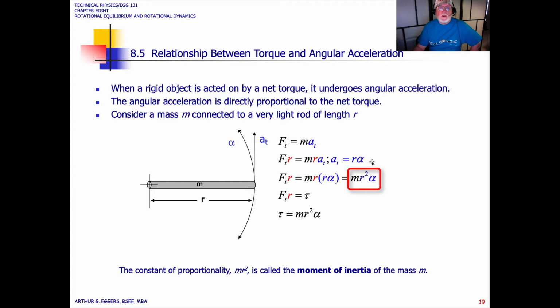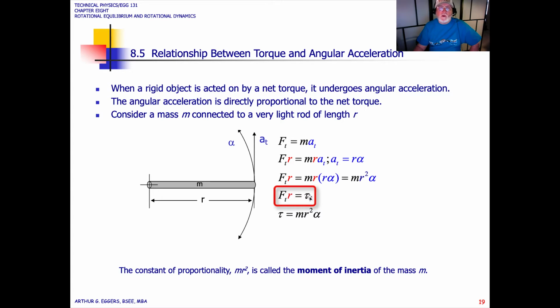Sometimes we do these manipulations and add these terms because we have a goal in mind. We're looking to define something that we can use to help us solve other types of problems. So this will allow us to define the torque relationship. Now we have force tangential times the radius, which we've already defined as torque.